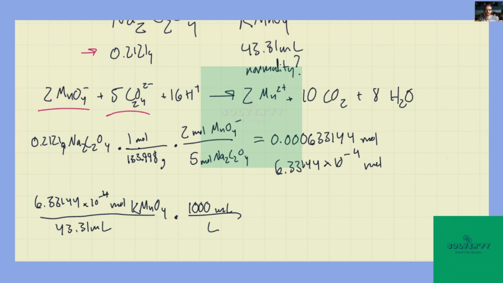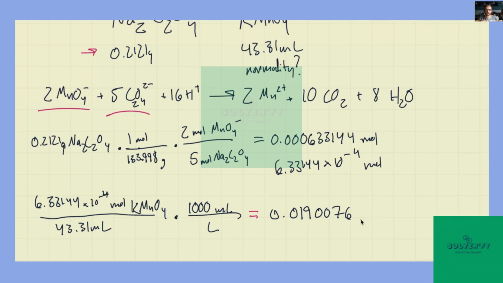We take the number that we had, we divide it by 43.31 and multiply it by 1,000. And we get 0.0190076. We can just cut it off there.